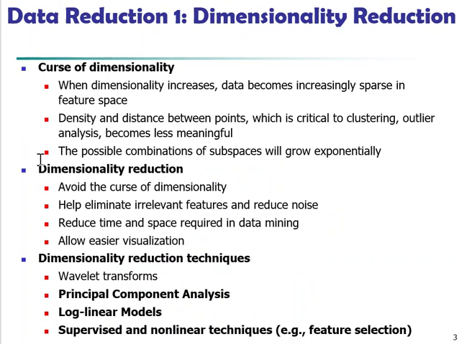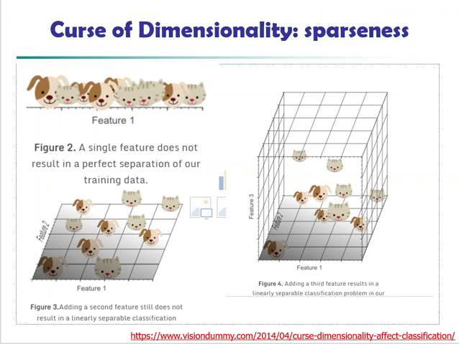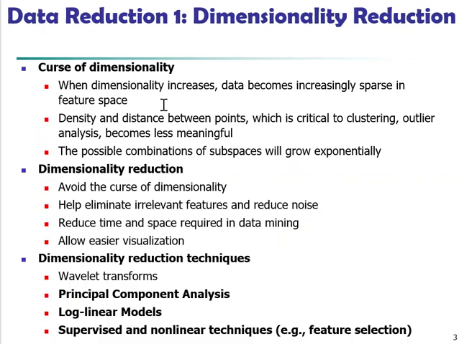And since this is a problem, our strategy is to try to avoid it by reducing the dimensionality. The dimensionality reduction idea is to eliminate irrelevant features and reduce noise. Irrelevant features create noise.